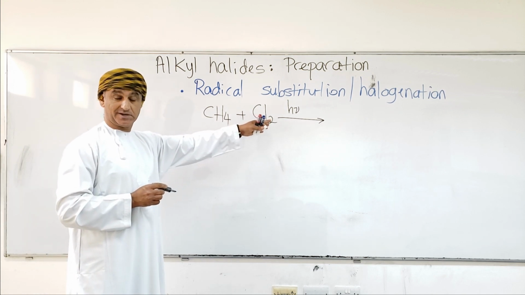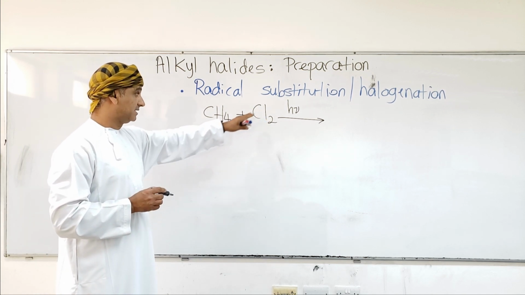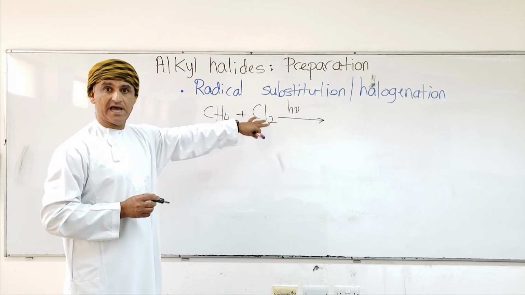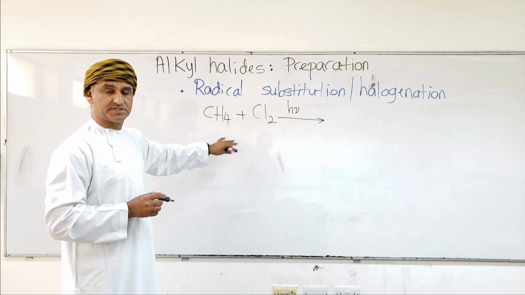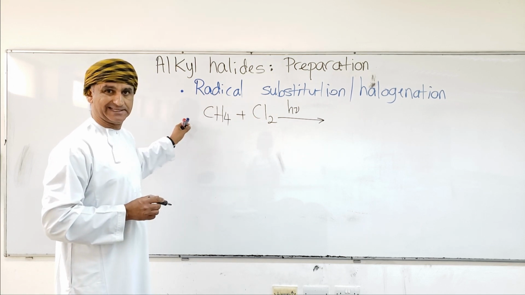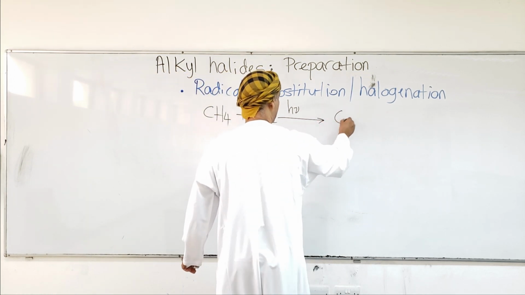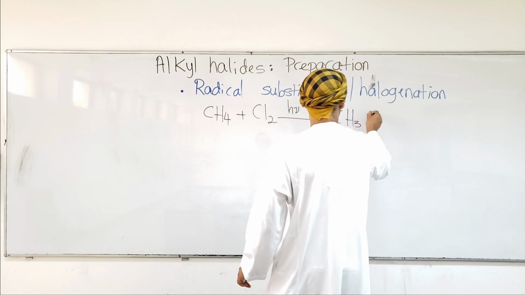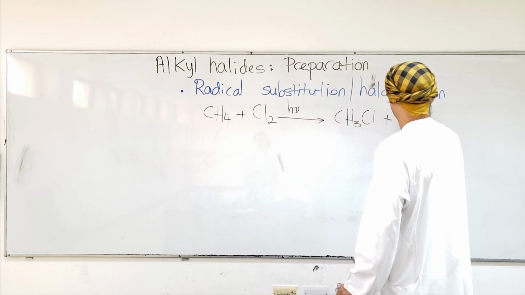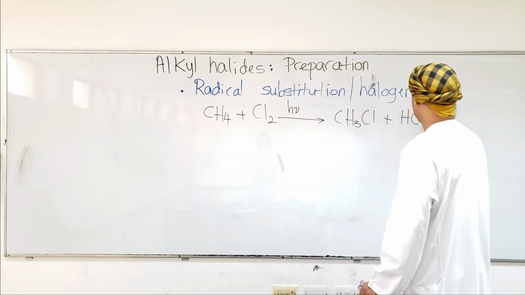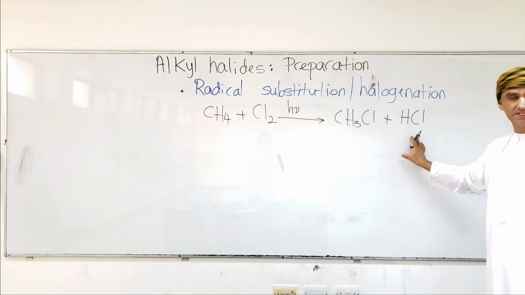We can say simply, you can write simply light. So it's light-induced radical substitution of an alkane. In this case, chloromethane is produced plus HCl. We discussed this before.